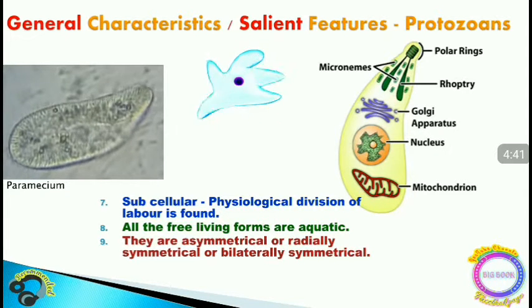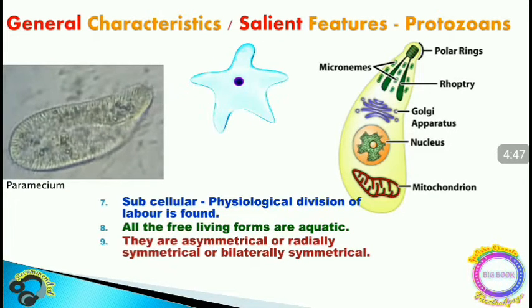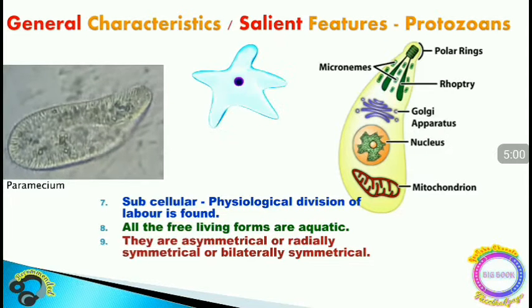They are asymmetrical, radially symmetrical or bilaterally symmetrical. The symmetry of these organisms is of three kinds: asymmetrical, where irregular symmetry will be seen, radially symmetrical, or bilaterally symmetrical.